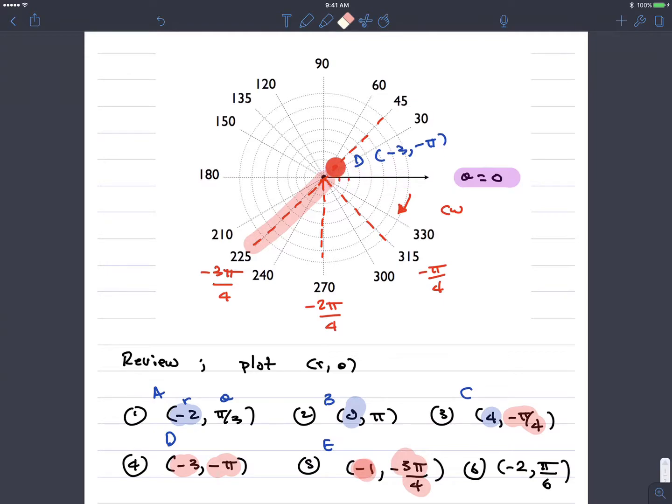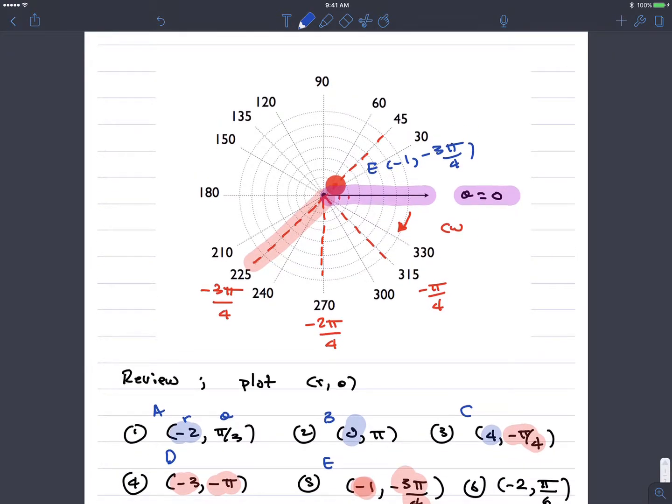We'll erase this first one so we can see better. And this is now E, and we'll label it. E has a radius of negative 1, and an angle negative 3 pi over 4. There you go. And this is the location right here. So this is how we begin to plot these points.